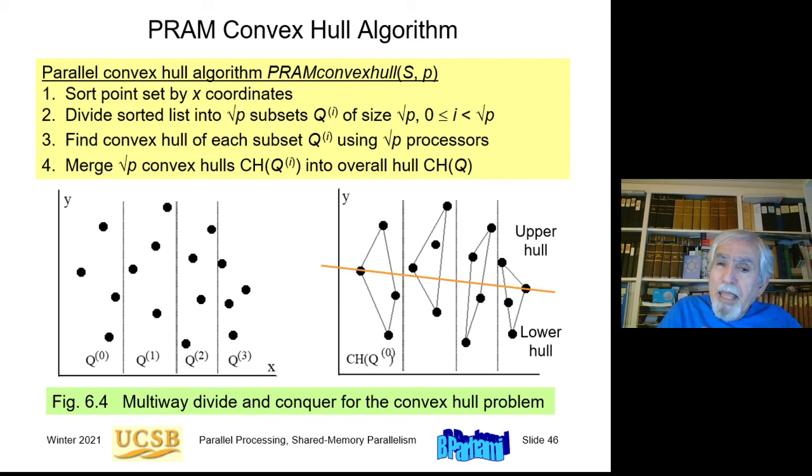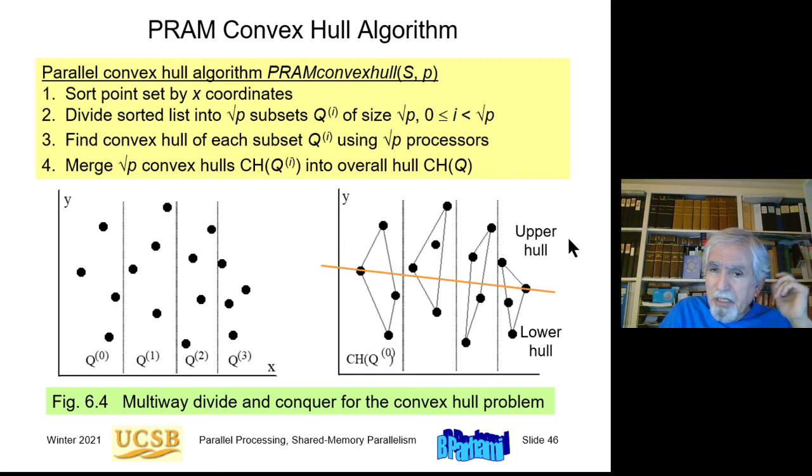Okay, then we now have to combine these small subset convex hulls, and combining them basically involves drawing tangent lines from points in this subset to points in that subset. So for example, this tangent line will be part of the larger convex hull, whereas let's say this tangent line will not be.